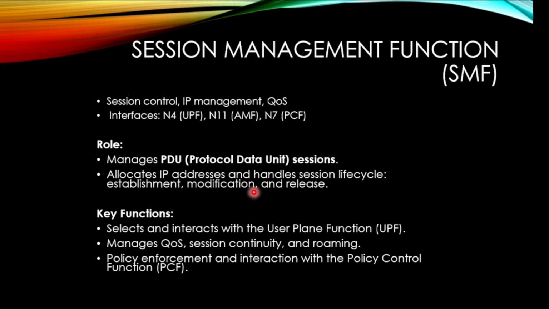Key functions, so also what are the functionalities? Selecting and interacting with the user plane function, as we mentioned before, because it is the UPF that will enforce a QoS policy. Managing QoS, session continuity, and roaming.